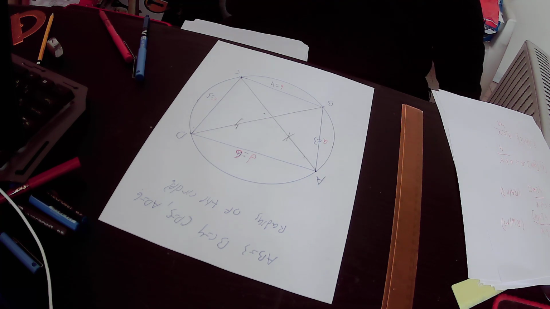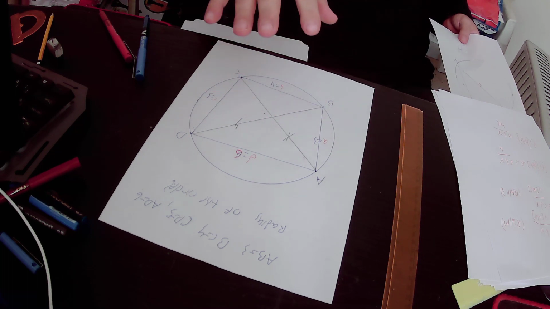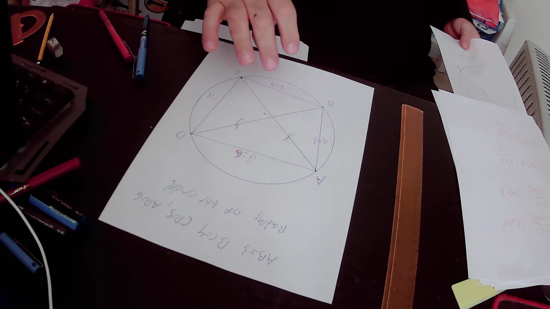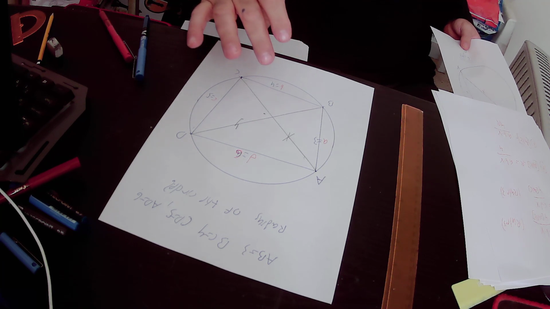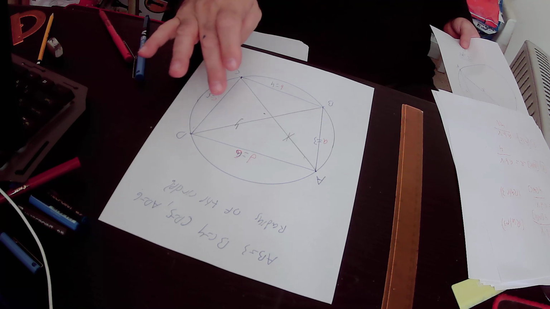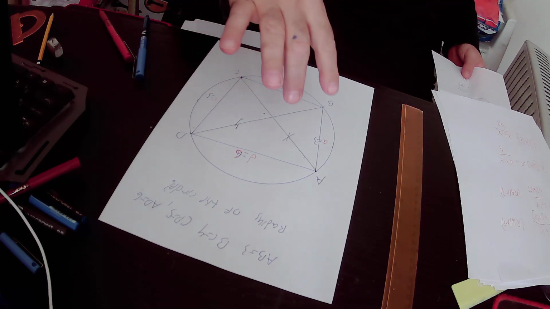We can also look at quadrilateral ABCD as blocking two other triangles, triangle BCD and triangle ABD.